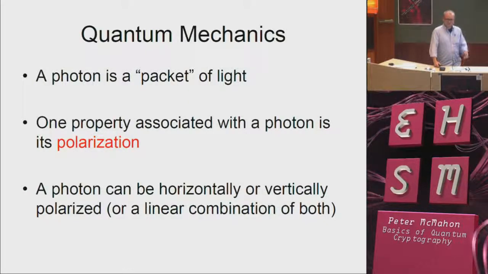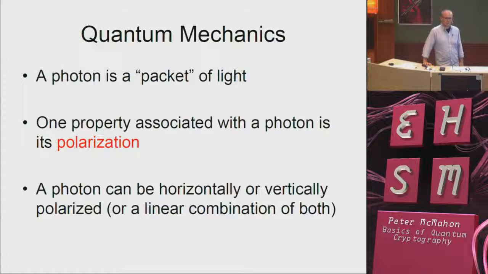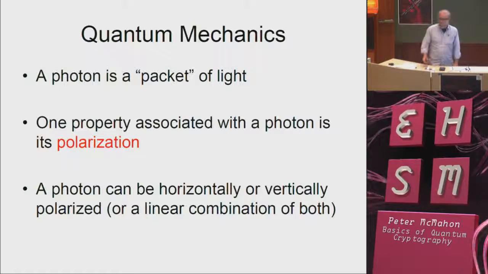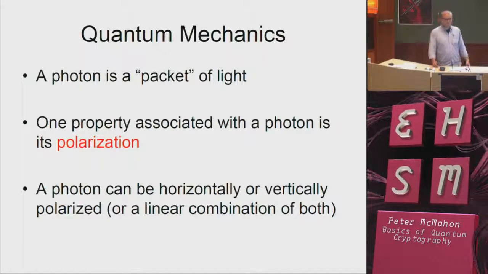I guess everybody who studied electrical engineering here, and certainly those who studied physics, will have seen polarization before in an electromagnetics class, where polarization just refers to the orientation of the electric or the magnetic field of the propagating electromagnetic wave. And you can think of a photon, for example, as being either horizontally or vertically polarized.